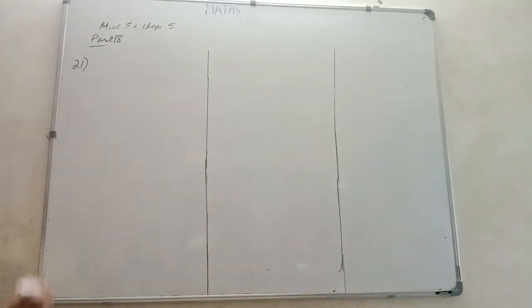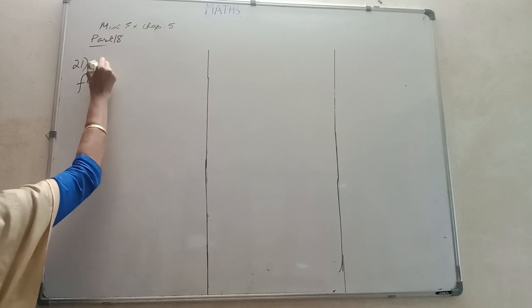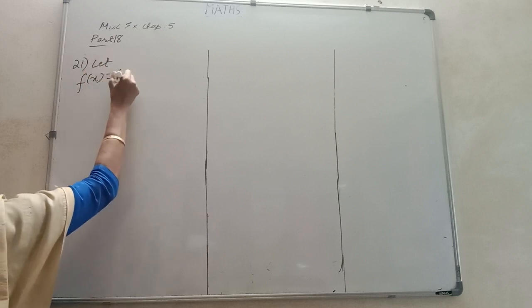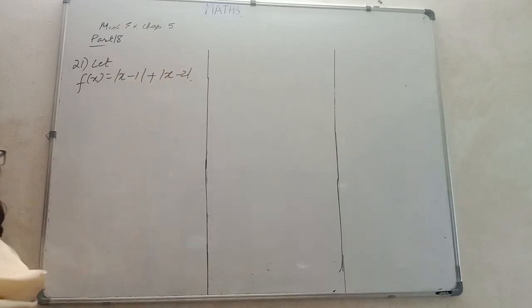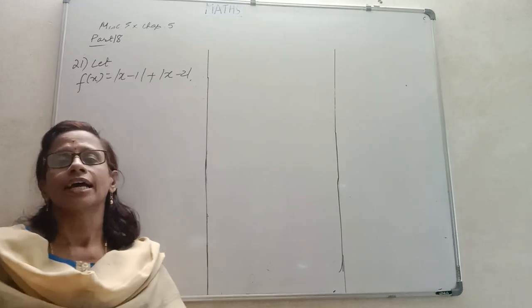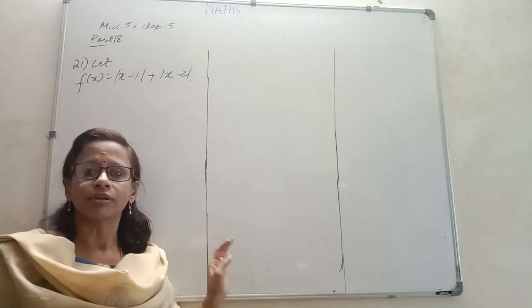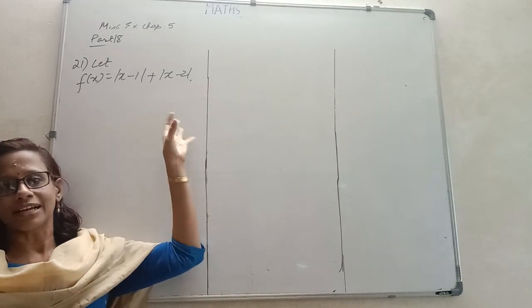So maybe you could take a function like this: let f of x be modulus of x minus 1 plus modulus of x minus 2. Of course, this 1 and 2 is your own choice. Basically you take any two real numbers and form this kind of combination.